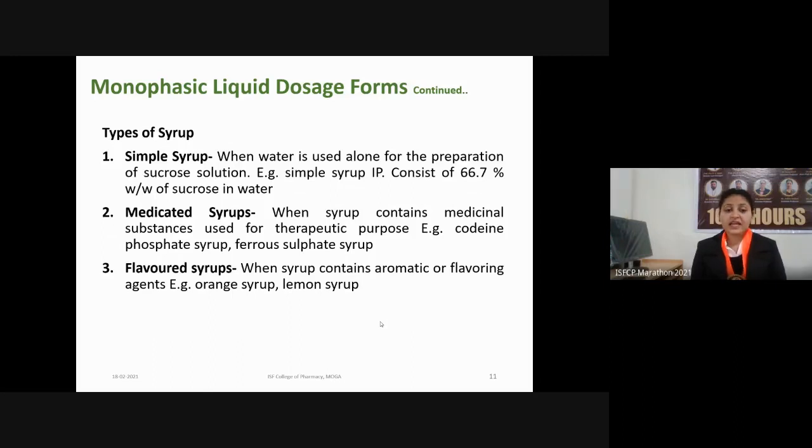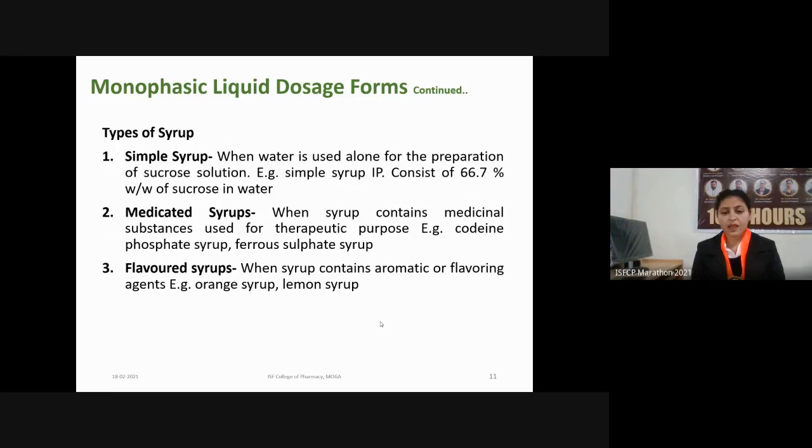In some cases, we can add medicines along with these syrups, and those kinds of syrups are known as medicated syrups. The second category is medicated syrup, when the syrup contains a medicinal substance used for therapeutic purpose, for example codeine phosphate syrup or ferrous sulfate syrup.